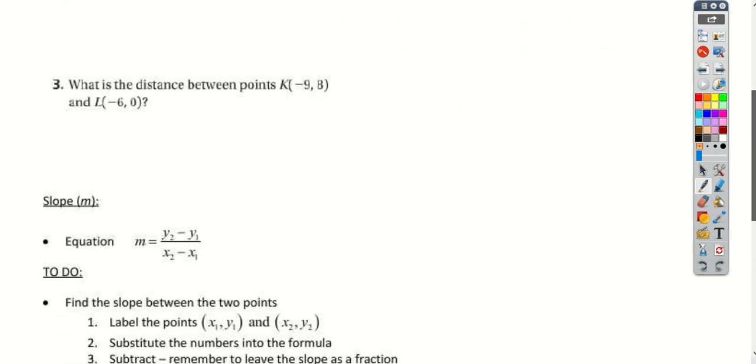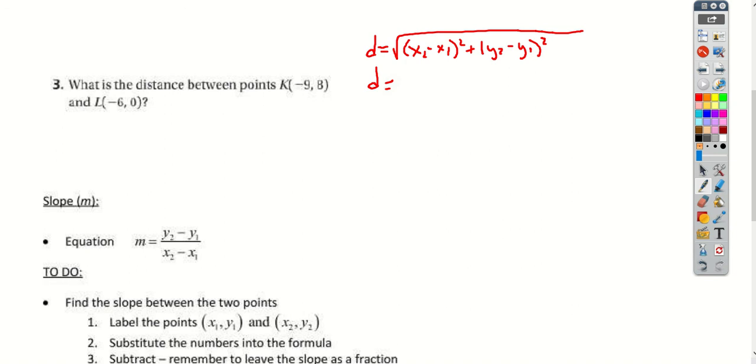Okay? So for number 3, the distance between the points, remember distance formula. Okay, so square root of x2 minus x1 squared plus y2 minus y1 squared. So x2 means second x value. So the second x value I see right here is negative 6 minus the first x value, which is minus a negative 9.